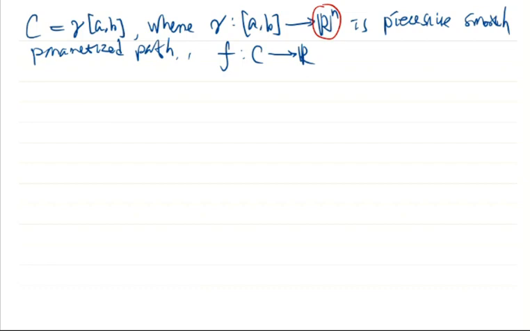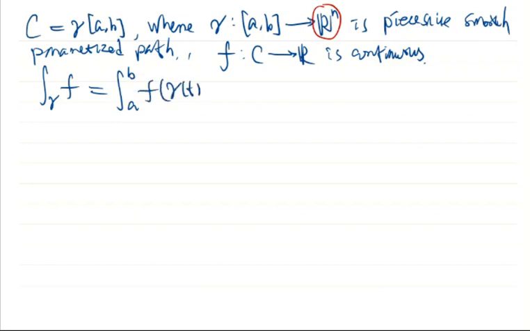Now f is continuous. Then we define the integral of f along gamma to be this one variable integral. Now, this is a curve.